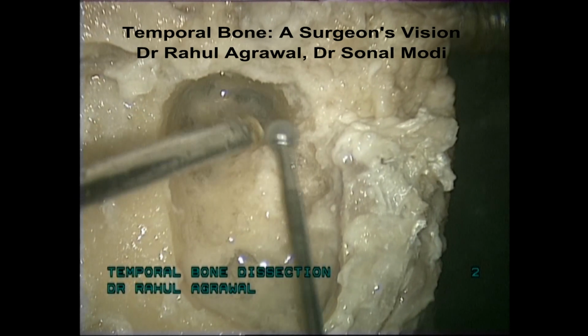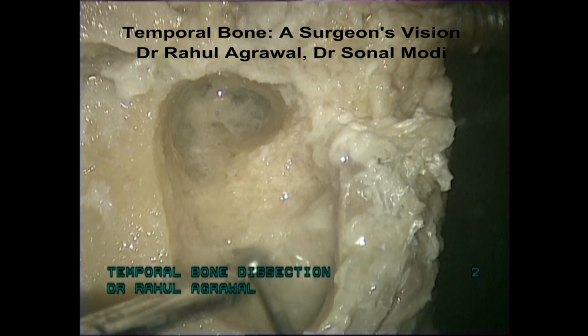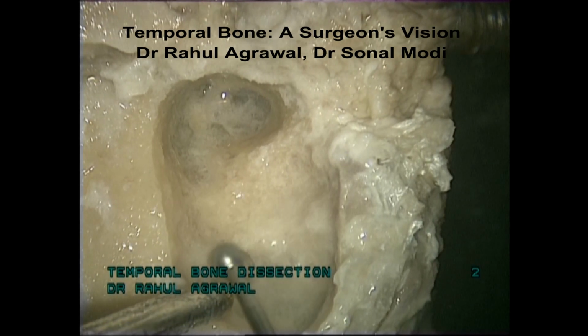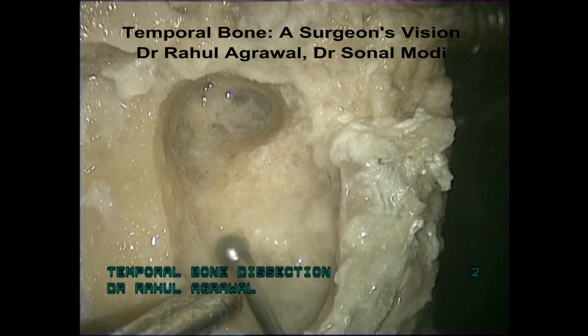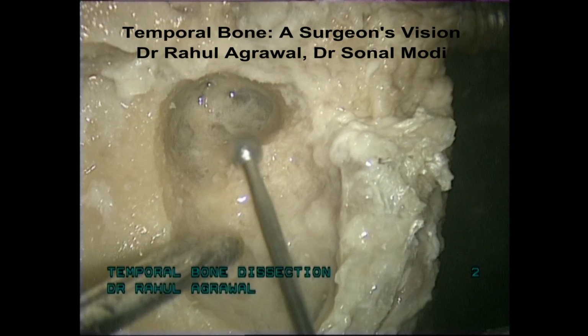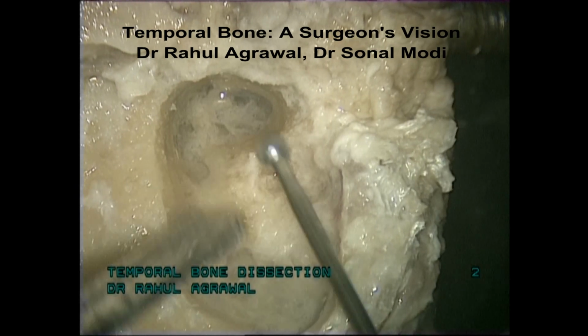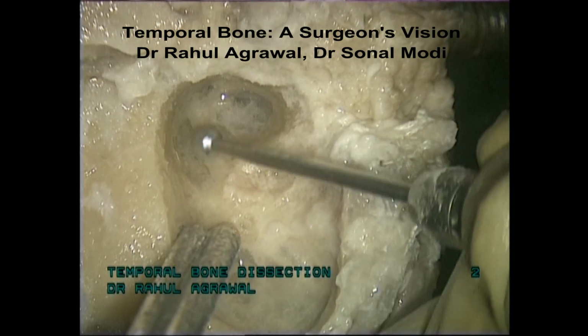After drilling the more cortical bone, the lateral cortical bone, now we are drilling the most cellular bone of the mastoid cavity. Our aim is to remove all the cells of the mastoid cavity so that the underlying structures stand out with a thin shell of bony covering over them.